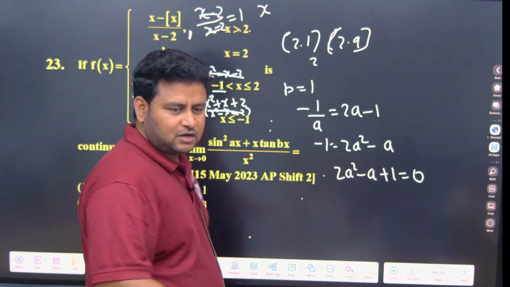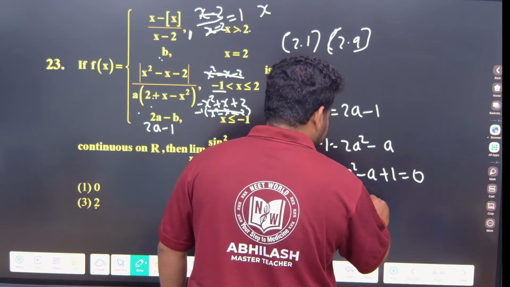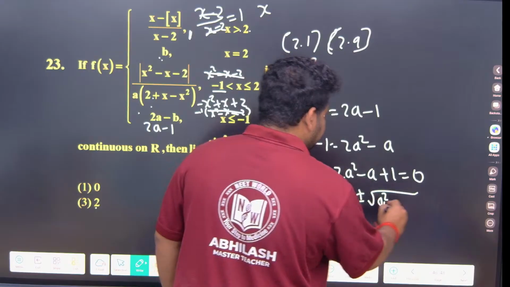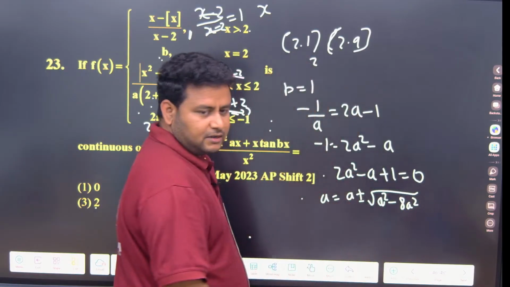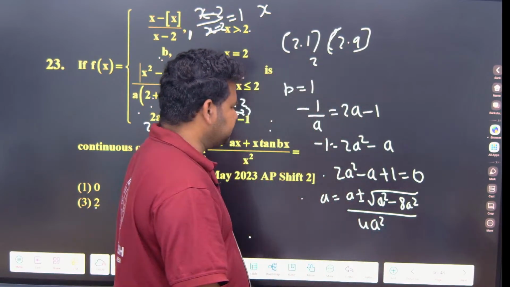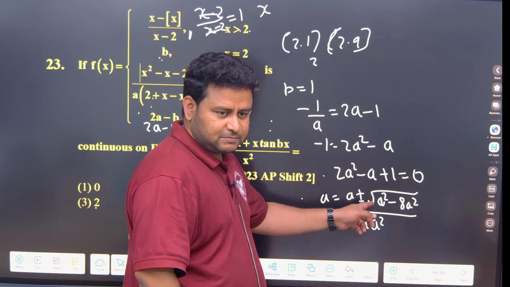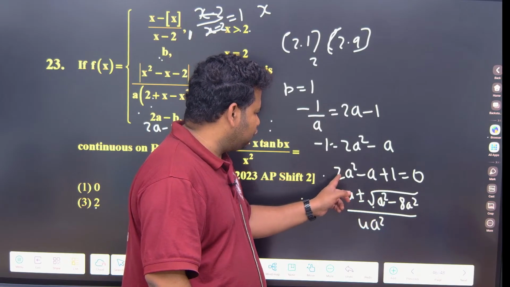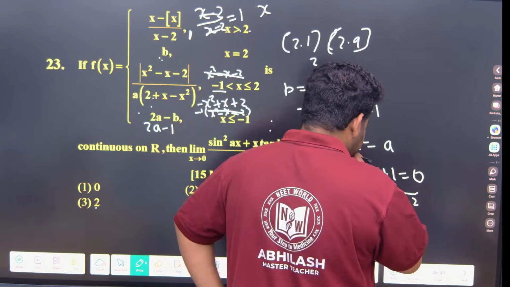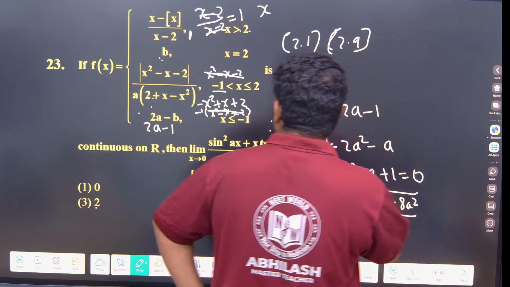So let us use our formula method. a is equal to minus b plus or minus square root of b square minus 4ac, divided by 2a. Let us just check this one.